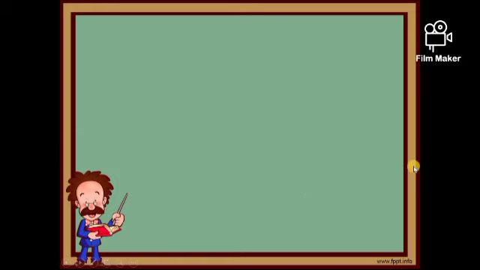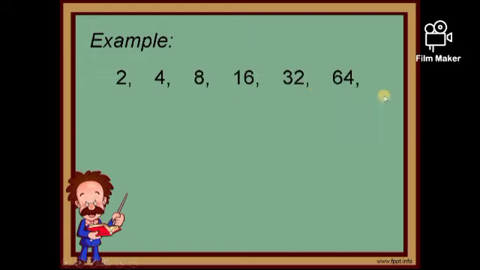Okay, so let's continue. Let's have an example. We have 2, 4, 8, 16, 32, 64, and so on and so forth. Now, notice that 2 times 2 is 4, 4 times 2 is 8, 8 times 2 is 16, 16 times 2 will give us 32, and 32 times 2, we have 64.